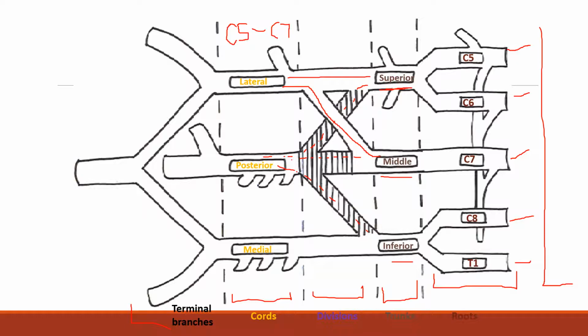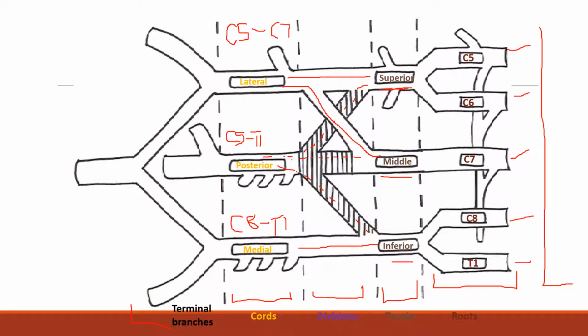So this posterior cord is receiving fibers from all of the divisions, so everything from C5 through T1 is found in the posterior cord. The medial cord, as we see here, is effectively a continuation of the inferior trunk, and so it's only going to have C8 and T1. I'll give you a moment to think about that.